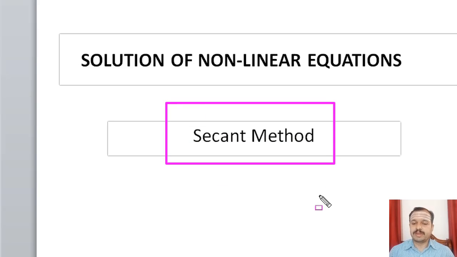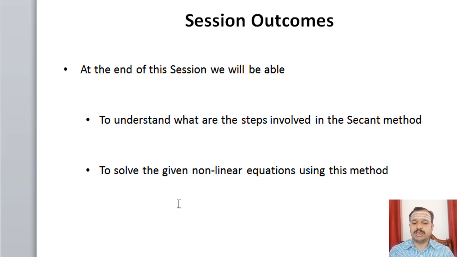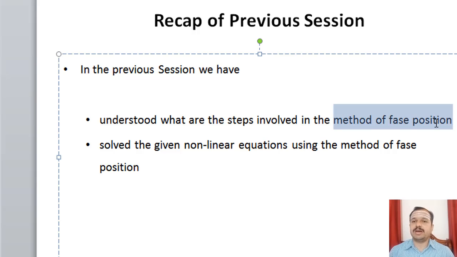Now, in the previous video, we discussed the method of false position. We discussed the method in detail with all the steps involved, and we tried to solve a couple of examples using that method.